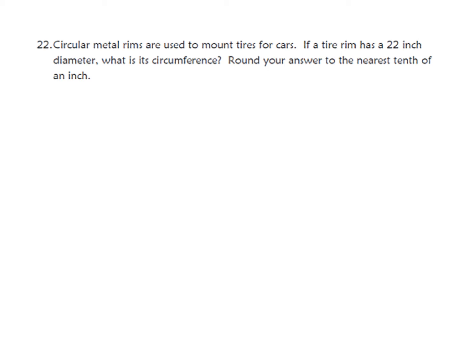Number 22, circular metal rims are used to mount tires for cars. If a tire rim has a 22-inch diameter, what's its circumference? Round your answer to the nearest tenth of an inch. So circumference equals pi times diameter. My diameter is 22 inches, so it's going to be 22 pi. So I need to type this in.